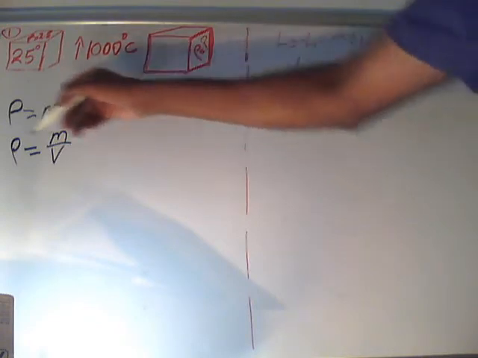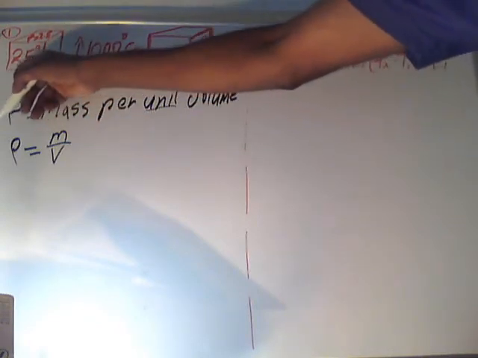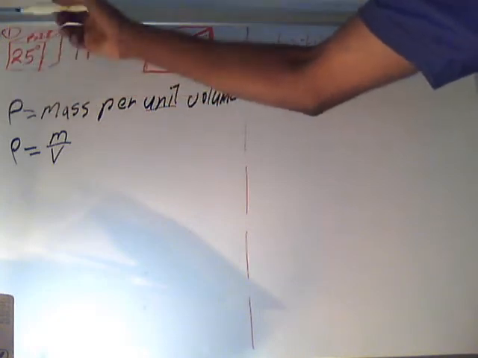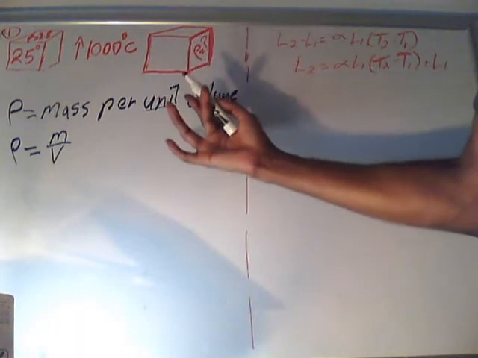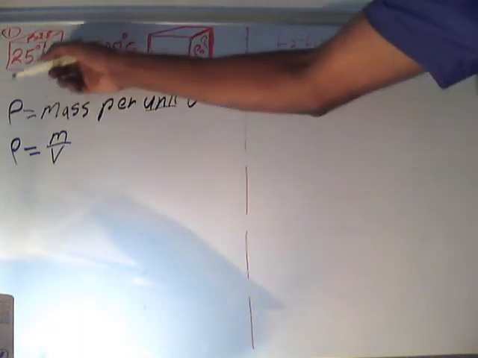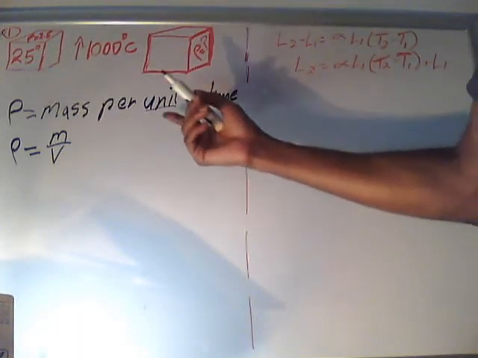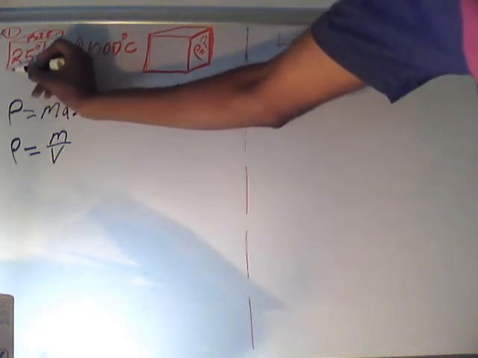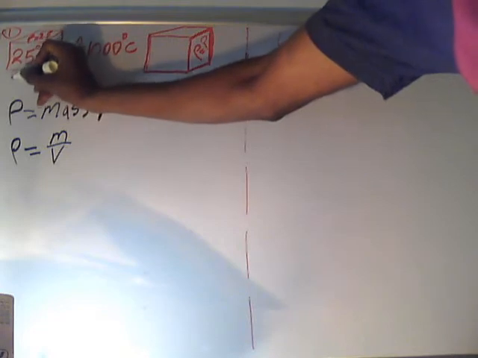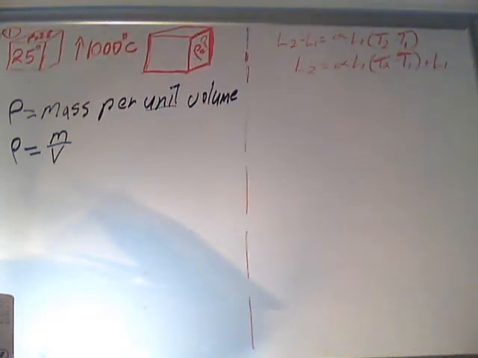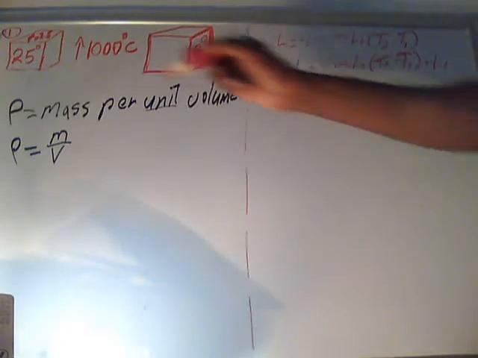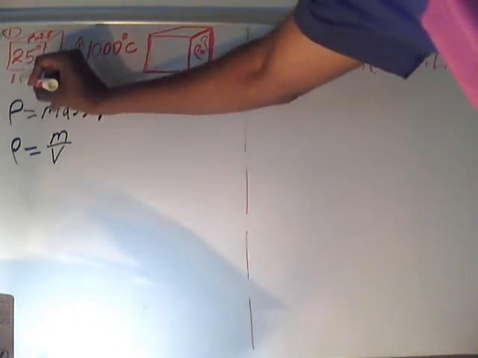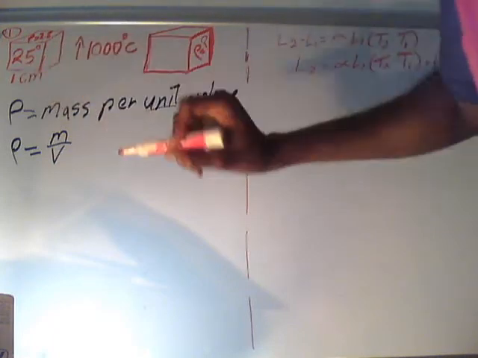Unit volume means that this volume here, the width, depth, and height are all the same. That's what unit means, like unity. So since the width, depth, and height are the same, we'll just assume that our width right here is 1 centimeter.